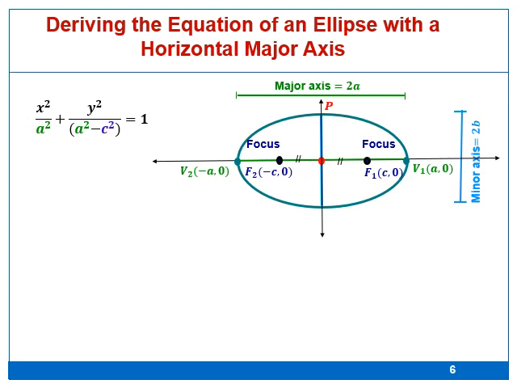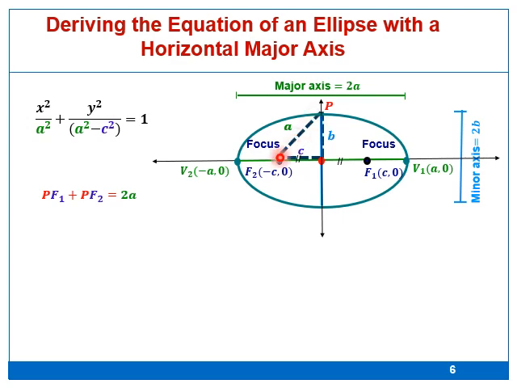To conclude the derivation, we need to find the relation between a, b, and c. If we take P at the endpoint of the minor axis, its sum of distances to the two foci will be equal to 2a. Since PF1 is equal to PF2, then PF2 is equal to a.